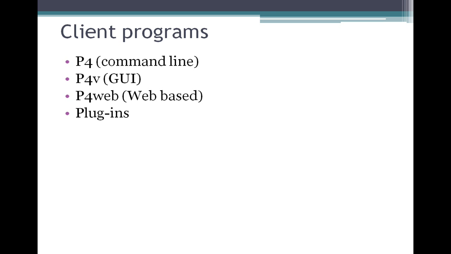P4V is a GUI tool, a visual tool, and it is available for all the different operating systems: Windows, Linux, Solaris, even iOS. P4Web will not allow you to check in or check out files, but only to view. What is the history on the server, who checked in: that information will be available from P4Web.